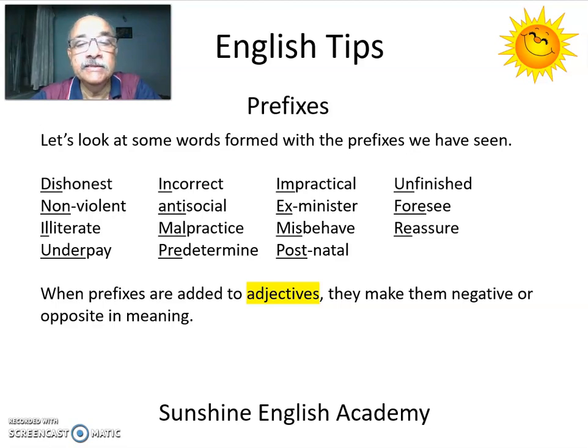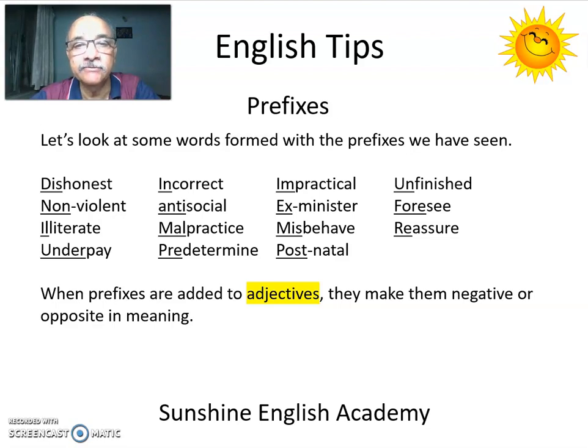When prefixes are added to adjectives, they make them negative or opposite in meaning. So let us look at those words here which are adjectives and see whether the meanings are opposite. So, honest is an adjective and dishonest is opposite in meaning.